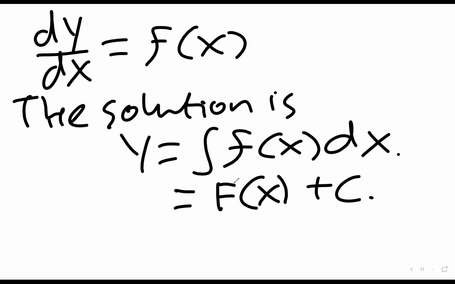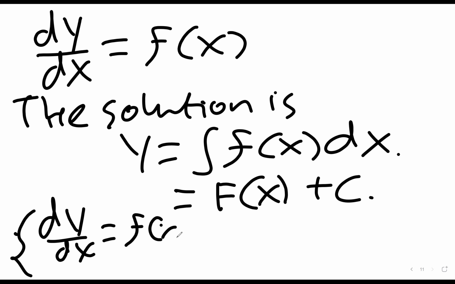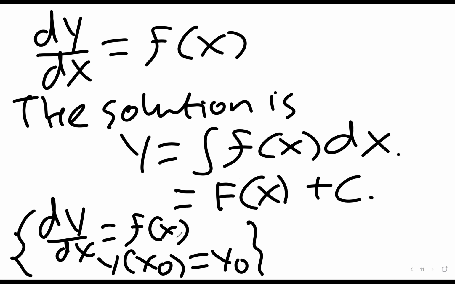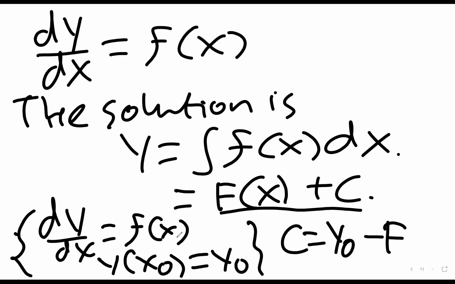Of course, if you are given the initial value problem, namely the differential equation with additional information, for example, y at x0 is y0, then the solution is the same. The difference is that you need to find the value of c there. For example, the value of c can be obtained by taking x equals to x0 and y equals to y0 there. Then you get c equals to y0 minus F of x0.